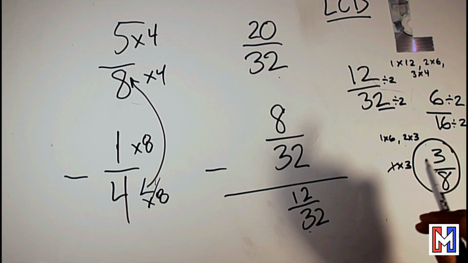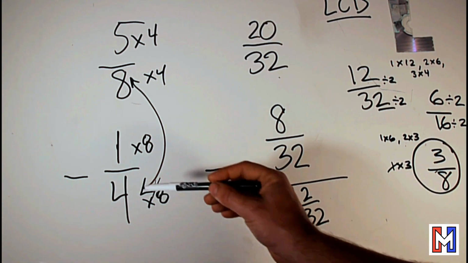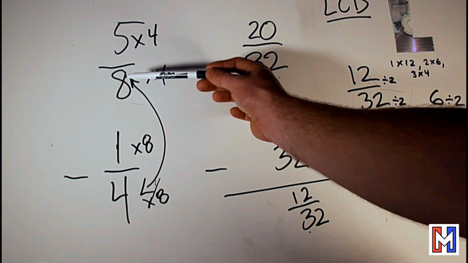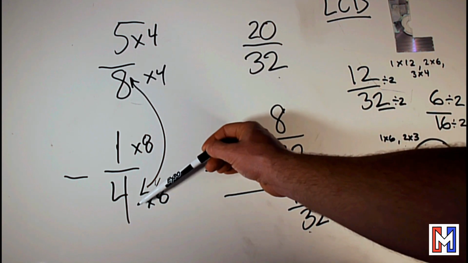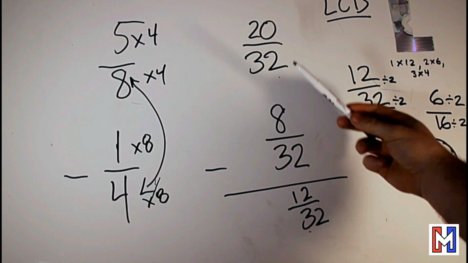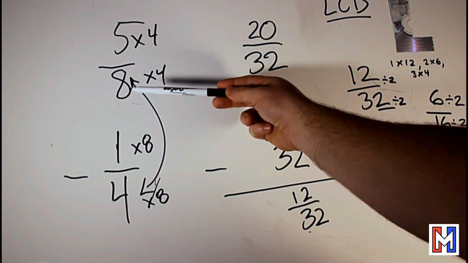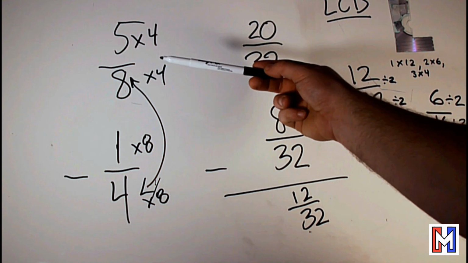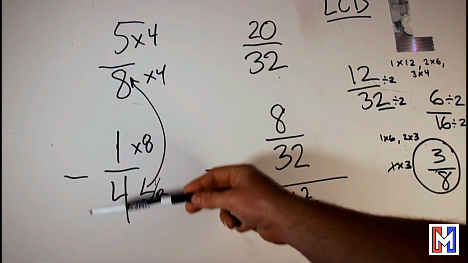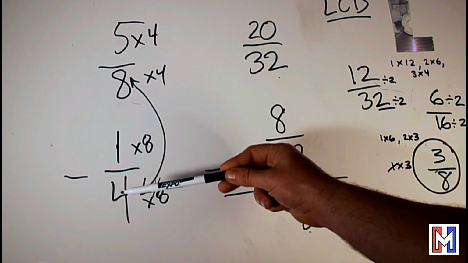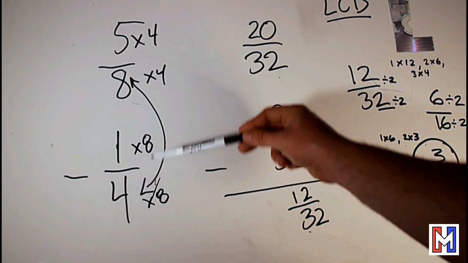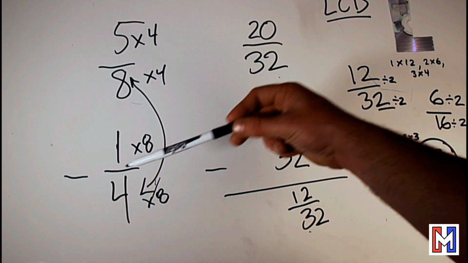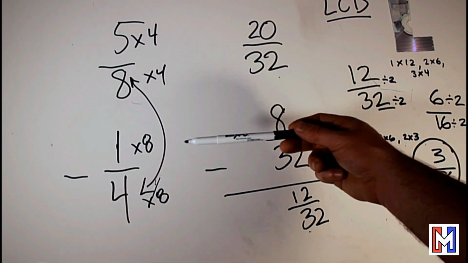The other tips I gave you: 1, look at the bigger of the 2 denominators, and think, can I divide it by something to get the other one? Now, that only works if you can divide 8 and 5 by the same number. So that's one thing you gotta keep in mind. The other tip was, look at the smaller of the 2 denominators and think, can you multiply that by something to get the larger? In which case, yes, we can. So that one will sometimes work as well.